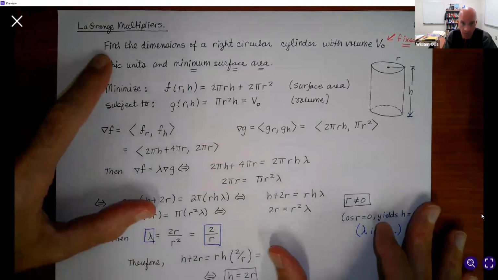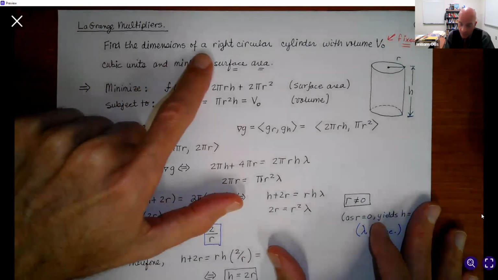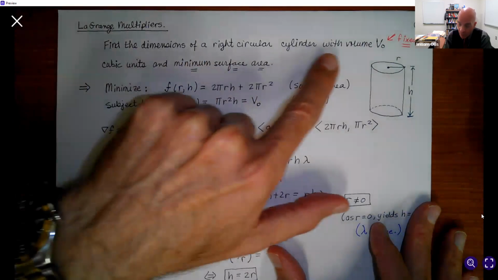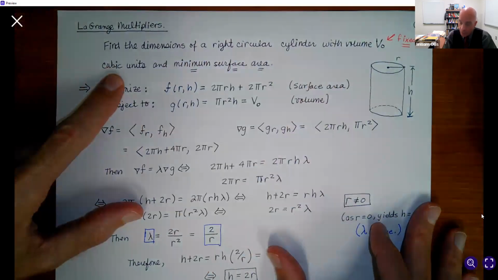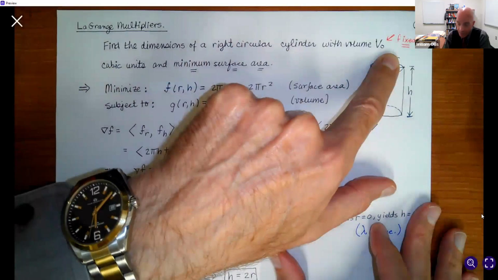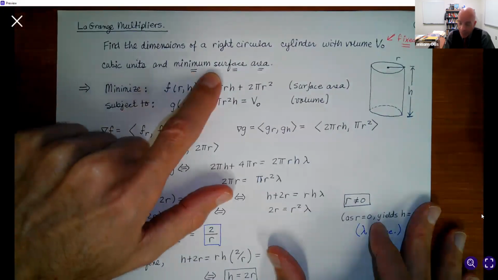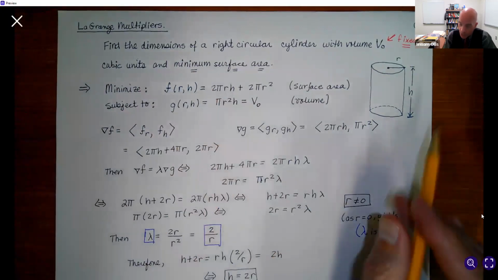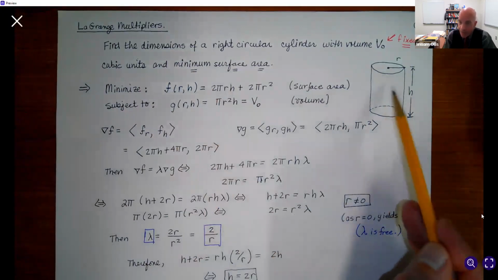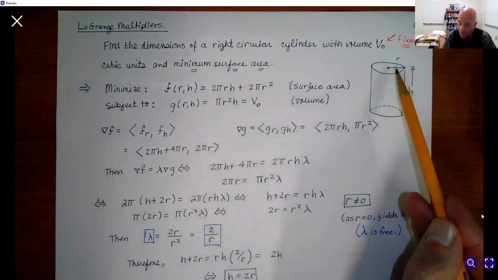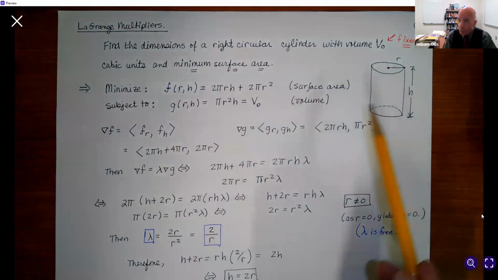So in this case, we find the dimensions of the right circular cylinder with volume V sub 0 cubic units, where V sub 0 is fixed, and we would like to minimize the surface area. The right circular cylinder, again, has this form where we have the top and the bottom and the lateral area.